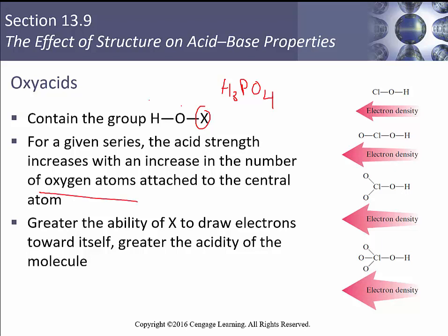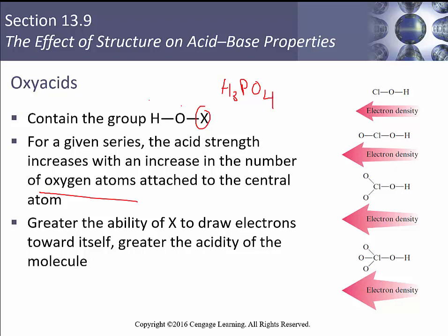So ClOH, ClO2H, ClO3H, ClO4H. So this is your hypochlorous, chlorous, chloric, and perchloric acids.